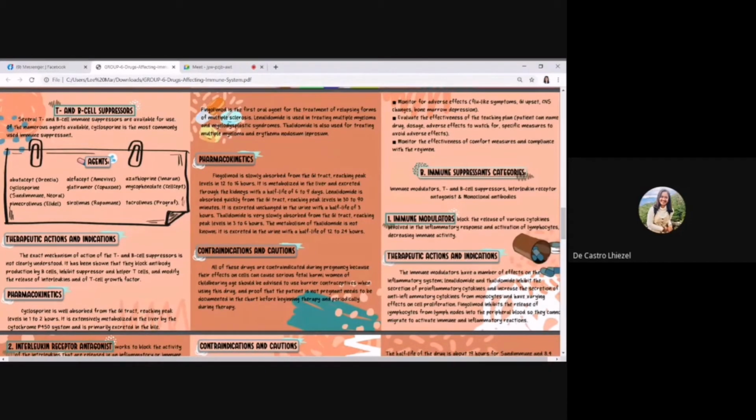Fingolimod is slowly absorbed from the gastrointestinal tract, reaching peak levels in 12 to 16 hours. It is metabolized in the liver and excreted through the kidneys with a half-life of 6 to 9 days. Lenalidomide is absorbed quickly from the gastrointestinal tract, reaching peak levels in 30 to 90 minutes.